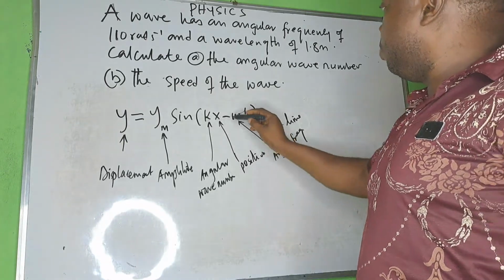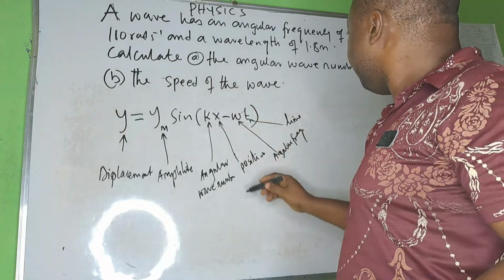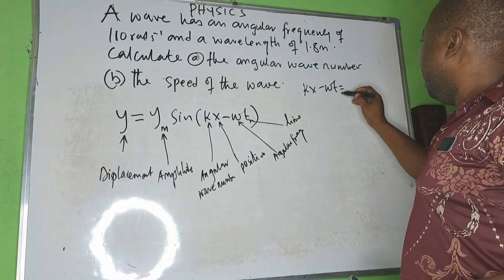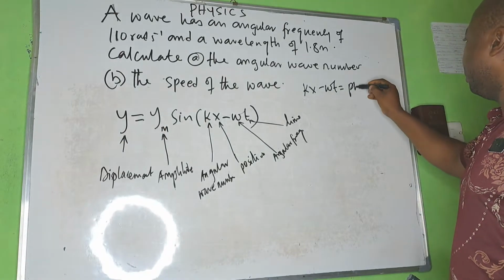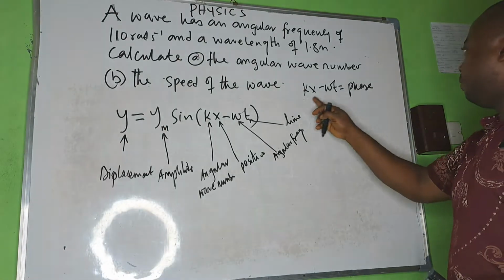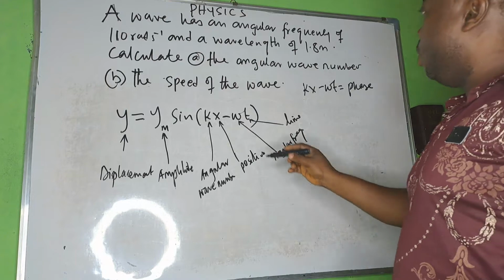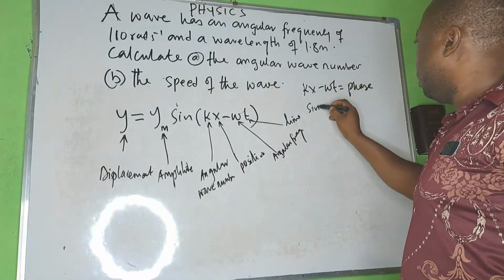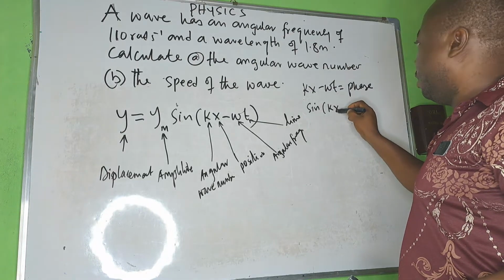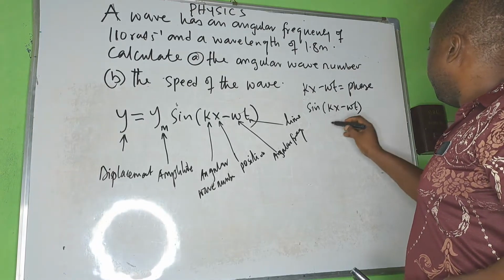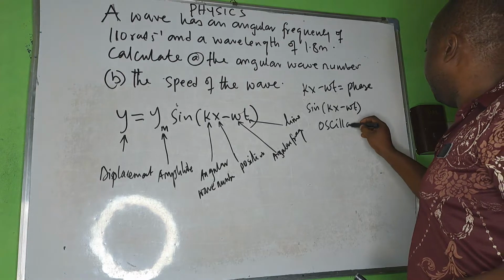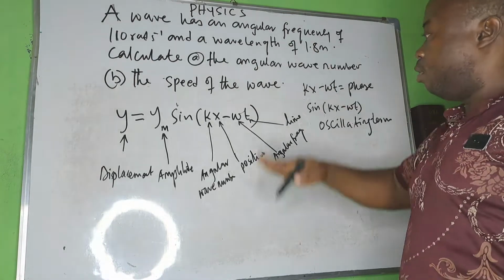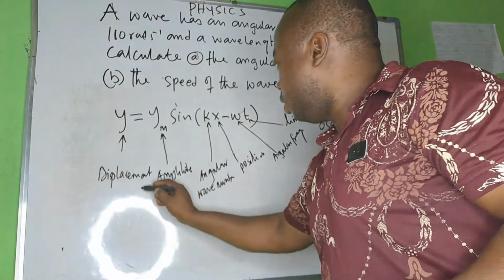Now kx minus omega t is what we call the phase, while the totality of sine kx minus omega t is the oscillating term, and so it's responsible for the oscillation.